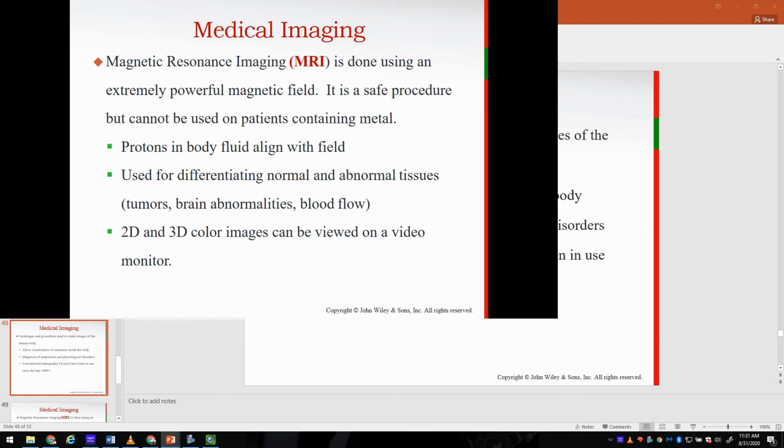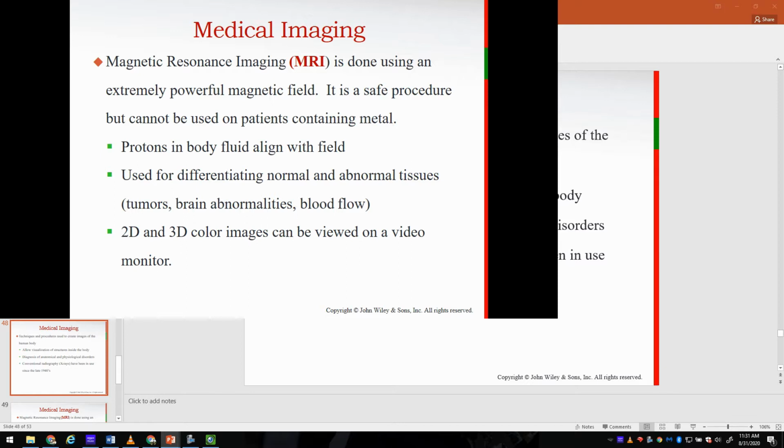Now, it does take some practice to learn how to read an MRI and know what you're seeing, but it will enable the doctor to determine the kind of soft tissue damage that you have and the extent of it.